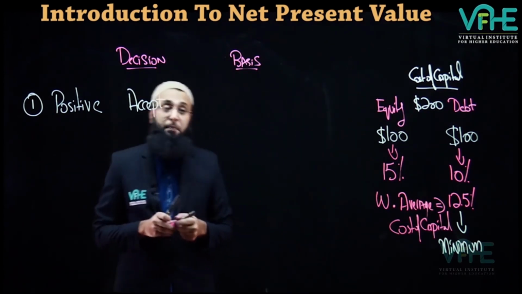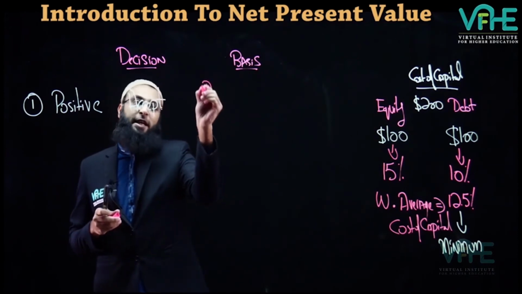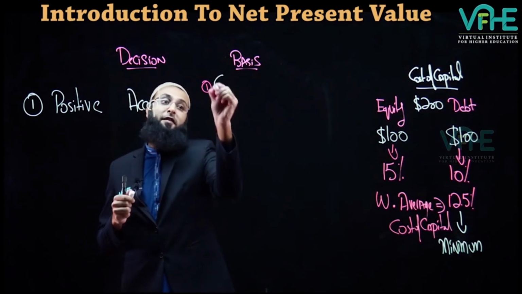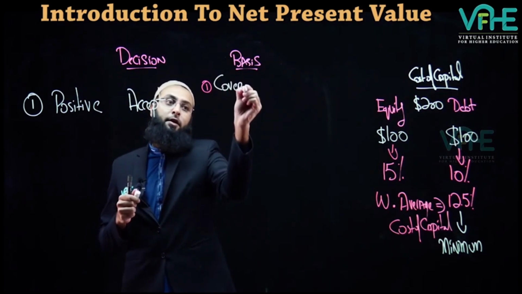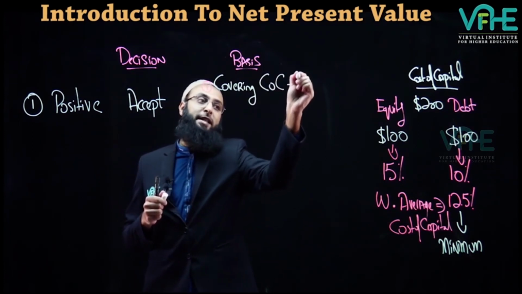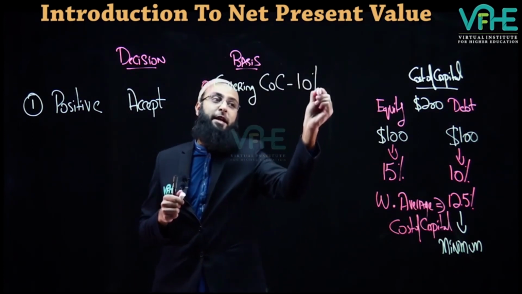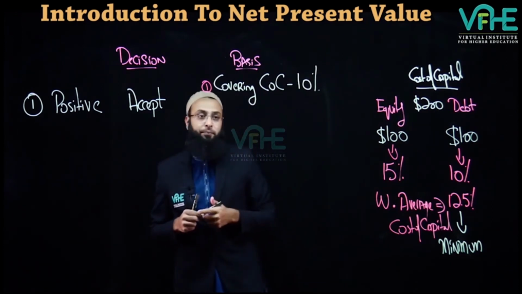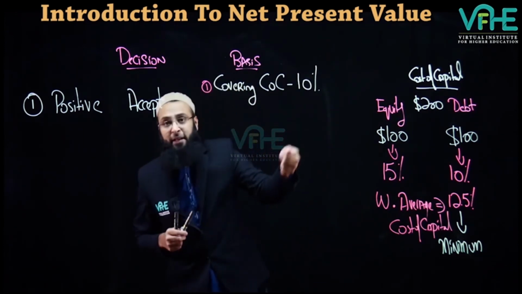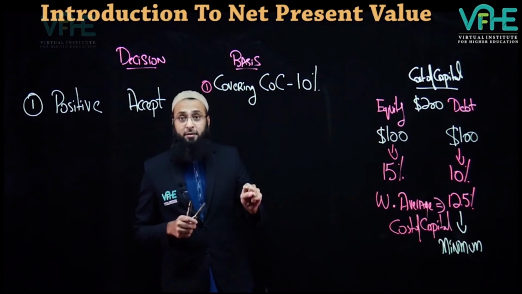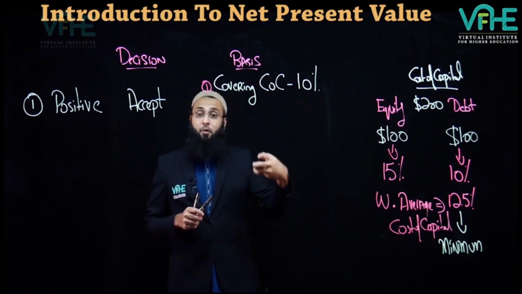It's very simple. The first is that the project is covering the cost of capital, for example, of 10% if I use that same question figure. So it is covering the cost of capital. So this is basis number one behind that.